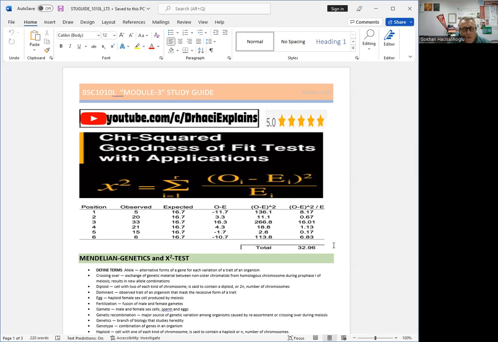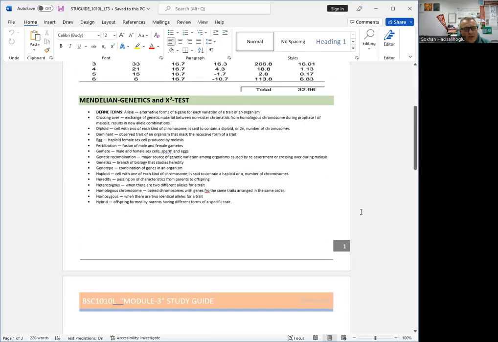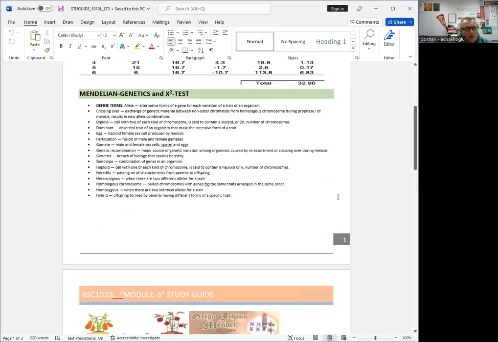Okay, so next is basic Mendelian genetics. It's always good to start with definitions. What is crossing over, meiosis, diploid, haploid, dominant, recessive, fertilization, gamete, genetics, genotype, phenotype, homologous, homozygous, hybrid.